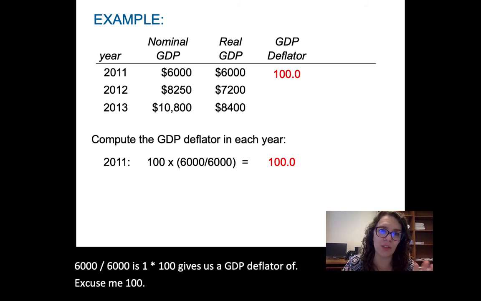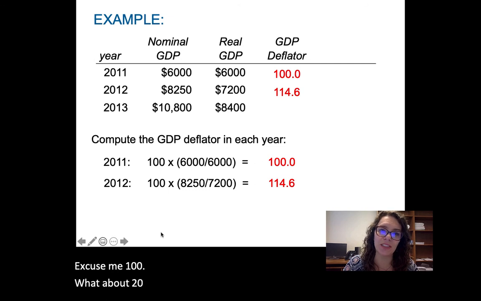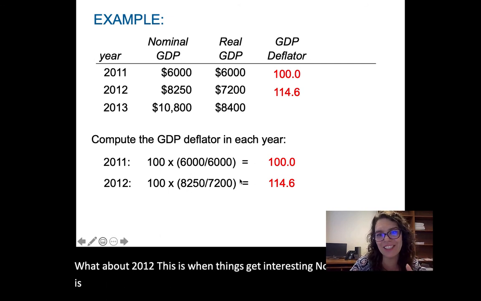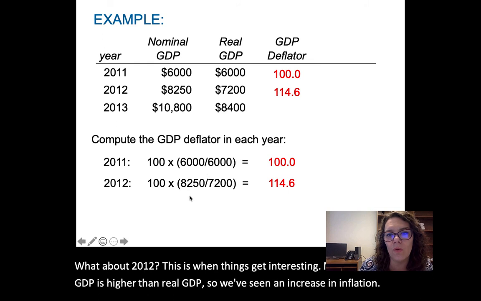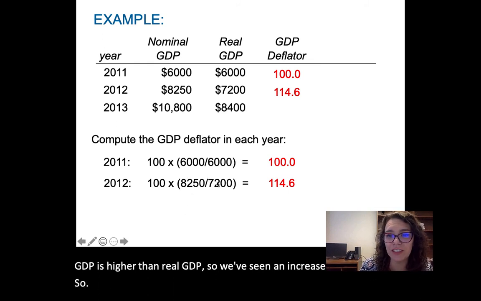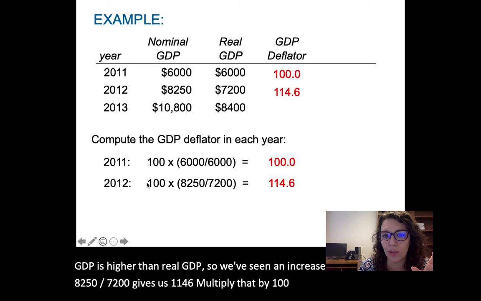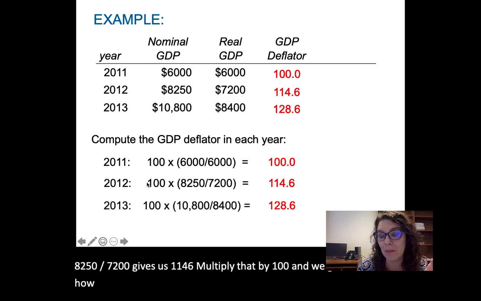What about 2012? This is when things get interesting. Now, nominal GDP is higher than real GDP. So we've seen an increase in inflation. So 8,250 divided by 7,200 gives us 1.146. Multiply that by 100 and we get 114.6. That's how much inflation has gone up in a year.